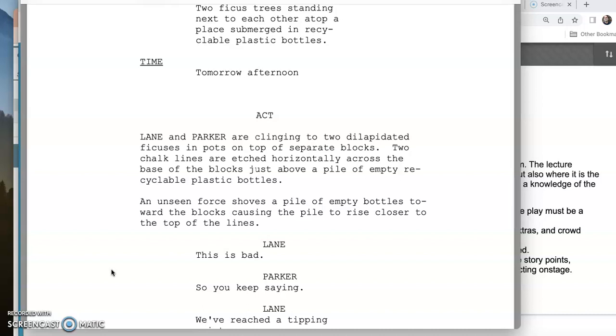It could also be an external force like a hurricane, a war, an economic crisis. Those things are external forces. Those lend themselves more to larger narratives and to films than they do to plays, and particularly to short plays.